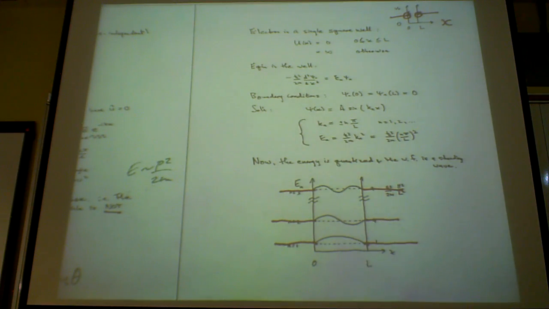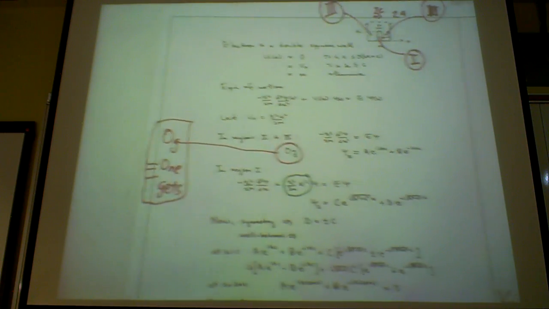Okay, so the effect of the boundary condition is quantization of the energy level and creation of a standing wave.